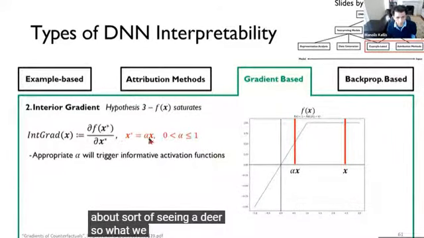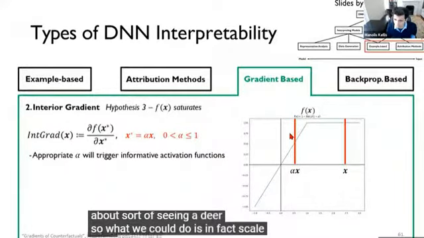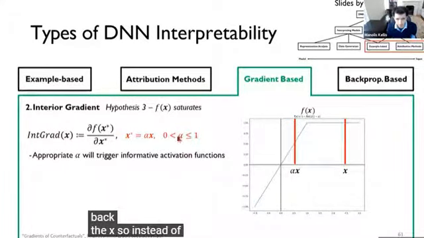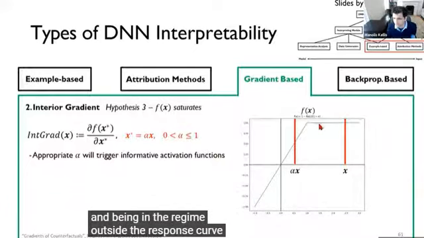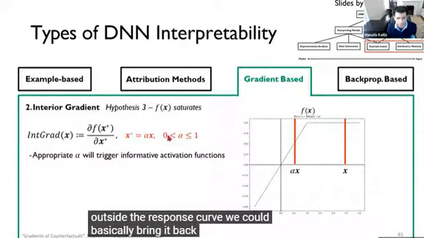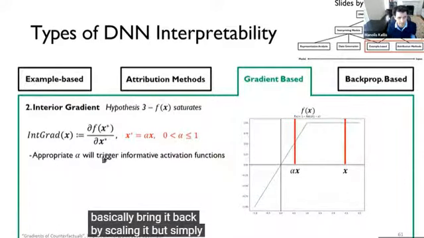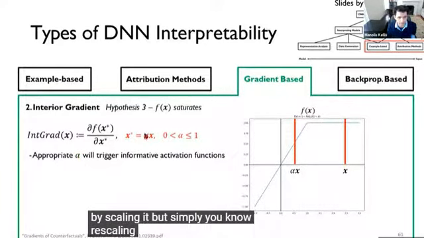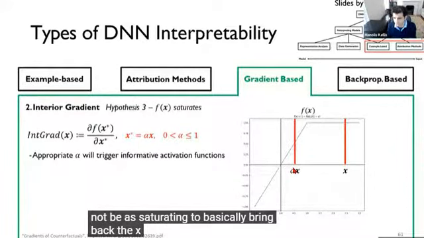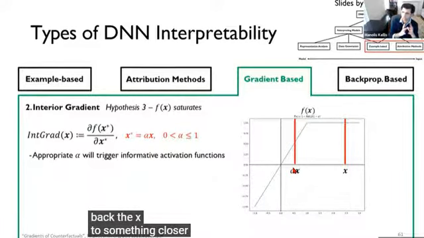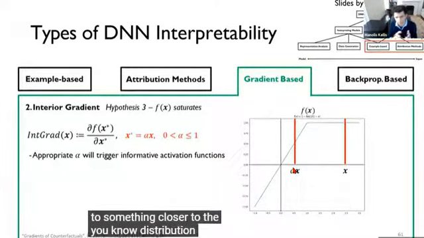So what we could do is in fact scale back the x. So instead of saturating and being in the regime outside the response curve, we could bring it back by simply rescaling the image to not be as saturating, to bring back the x to something closer to the distribution of functions.